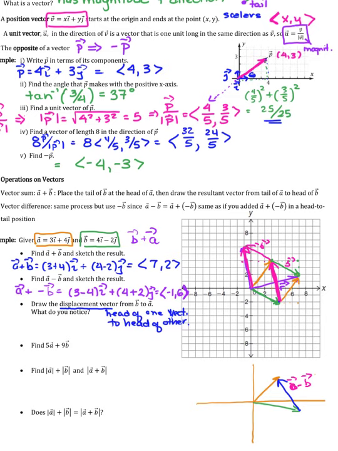Now, how we write this is, that's like saying find the vector that goes from the head of A to the head of B. That's how I would write it. But notice, what does that represent? That represents A minus B. It's like the opposite. That is the vector that goes from the head of one to the head of the other.